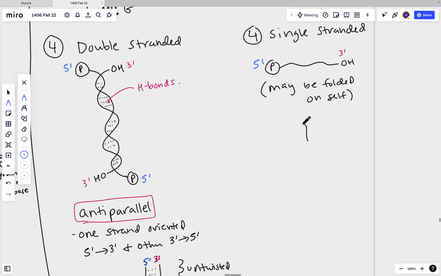Something like this. We've got the phosphate on one end, the hydroxyl group on the other end, and then this has hydrogen bonds. It's still just a single strand. Hydrogen bonds can hold it together in three-dimensional shapes.